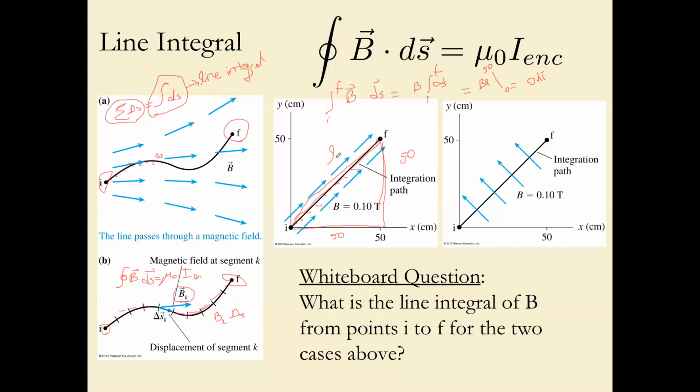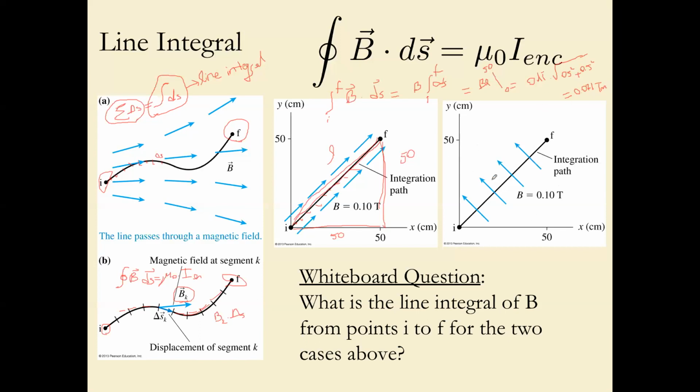So just calculate the hypotenuse here, and it will be in square root. Just change centimeter into meter: 0.5 squared plus 0.5 squared. So you will find that the line integral of this magnetic field will be equal to 0.071 Tesla meter.